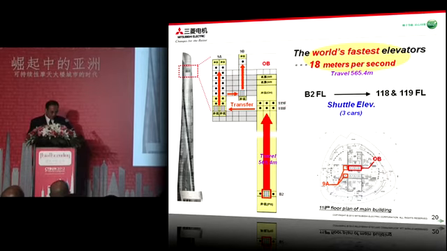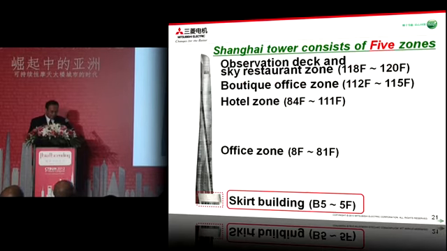This is the world's fastest elevator at 18 meters per second, a new Guinness record. The travel is 565.4 meters.